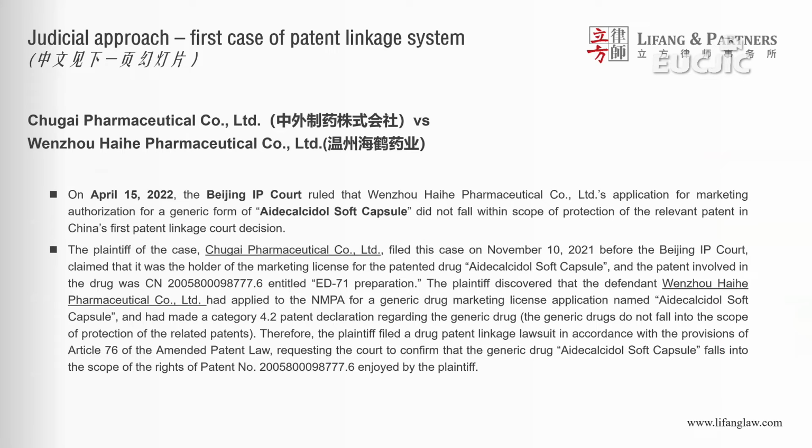And this case is about two parties. One party is a Japanese pharmaceutical company, the patentee, and the generic drug company is a local company, and that patent relates to a formulation.